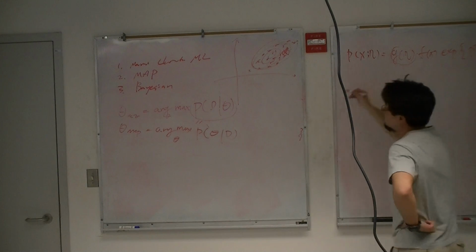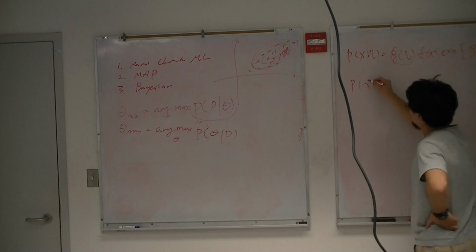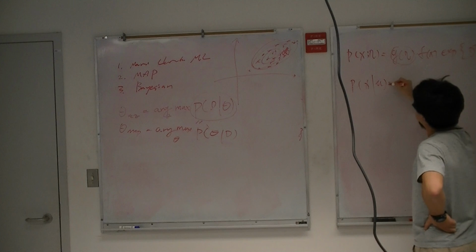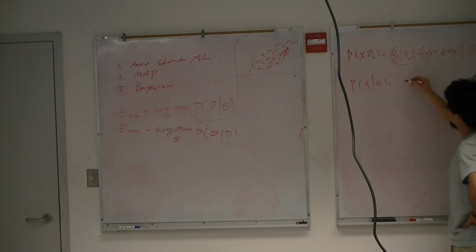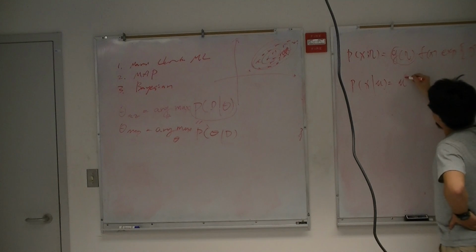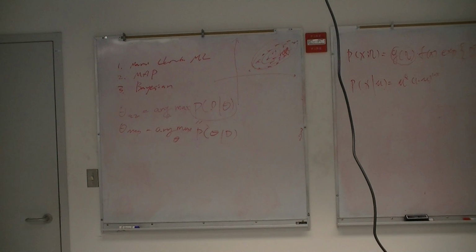And so we have a Bernoulli distribution. P of x is equal to mu to the x times 1 minus mu to the 1 minus x. This is the Bernoulli distribution.